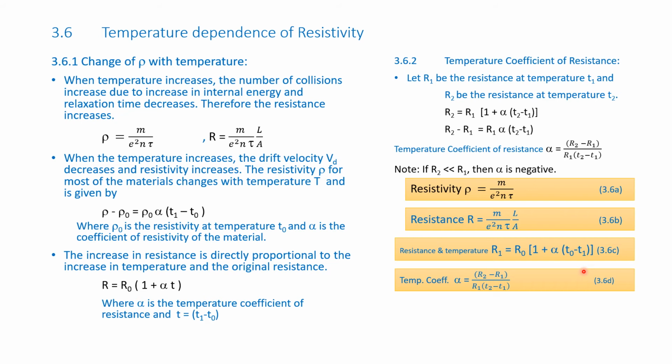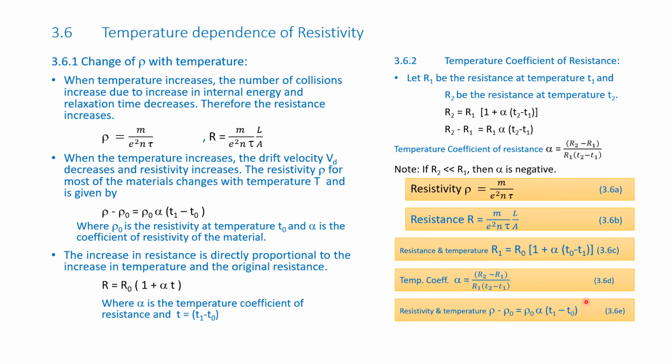Now temperature coefficient alpha can be written as alpha is equal to R2 minus R1 divided by R1 into T2 minus T1. We are writing it here again as 3.6d. So these four equations are used in numerical examples repeatedly. Please remember them. This will be helpful in solving numerical problems.